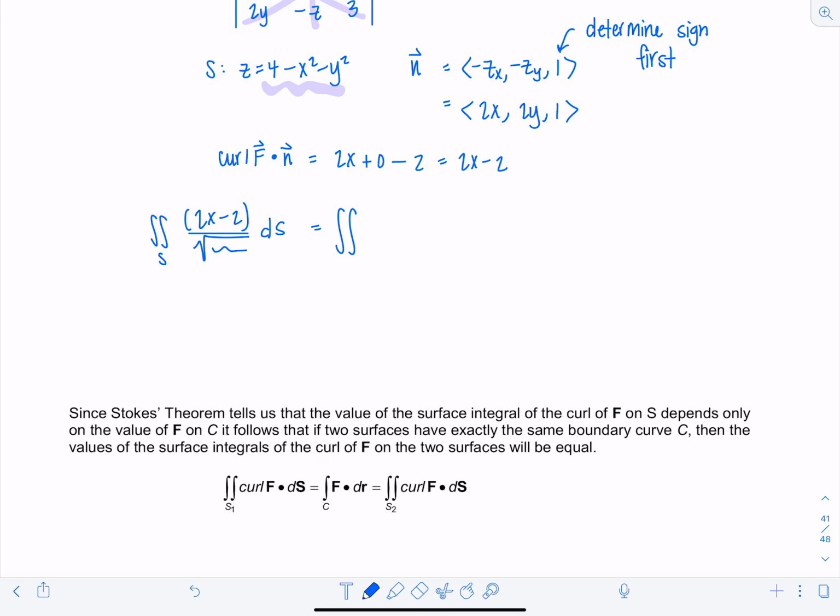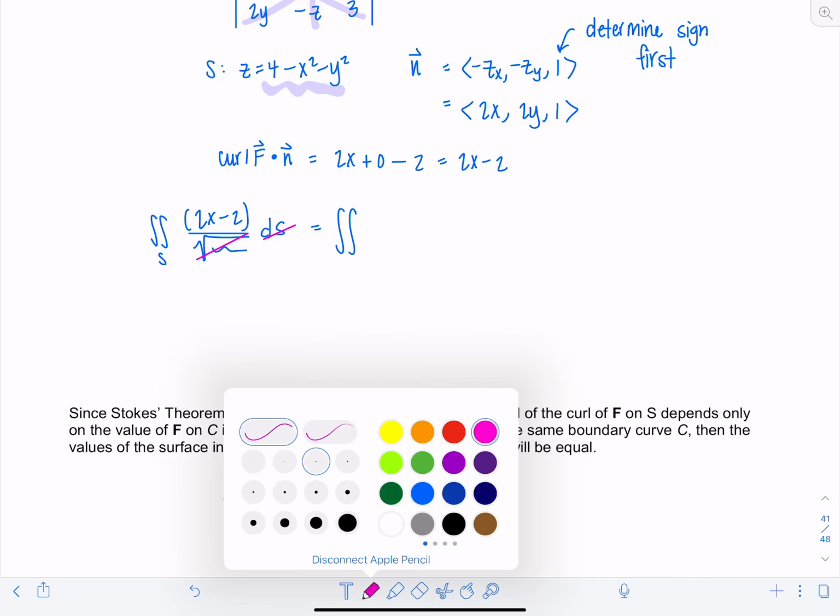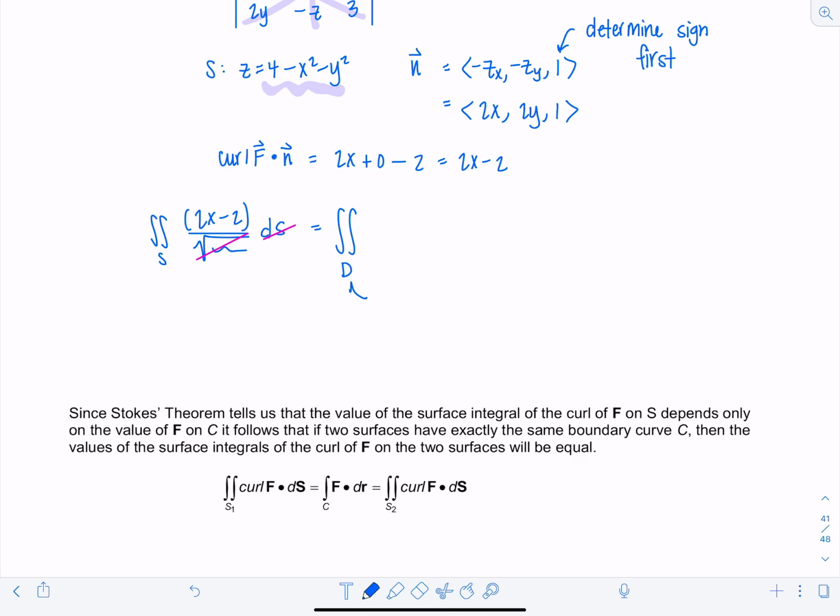But then that magnitude cancels out, right? Because we know dS has that same expression with a dA attached to it. And then you end up just integrating over some region that you project the surface onto. In this case, we'll use the xy plane. So my region D ends up being the unit circle. Okay, I'm going to go back to the picture.